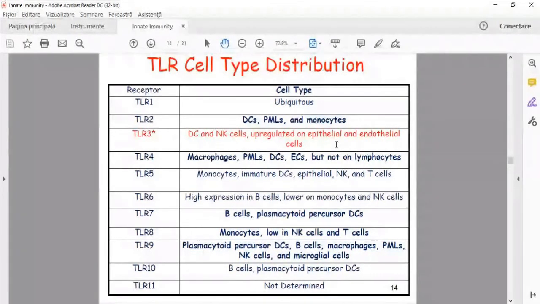It has been shown that neutrophils express all toll-like receptors except toll-like receptor 3. Toll-like receptor 3 is able to recognize double-stranded RNA, which is characteristic of viral infection.